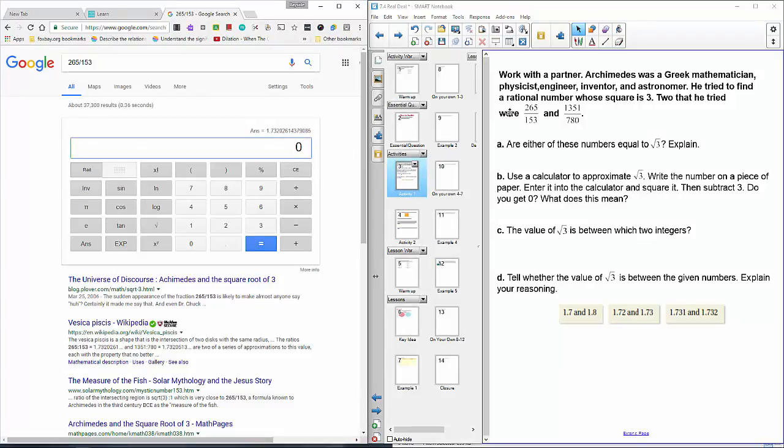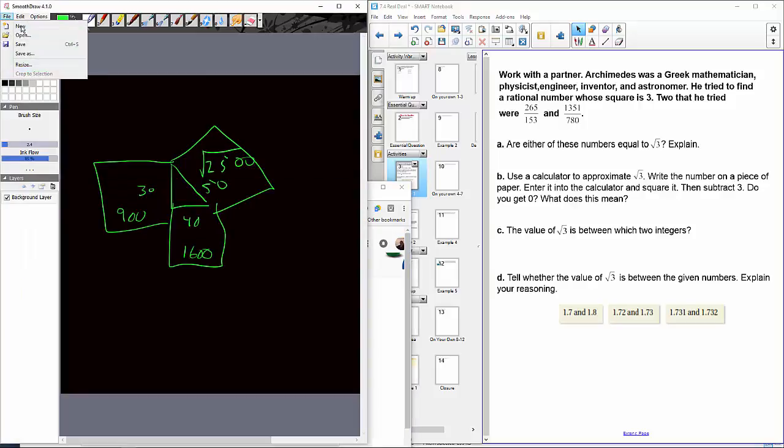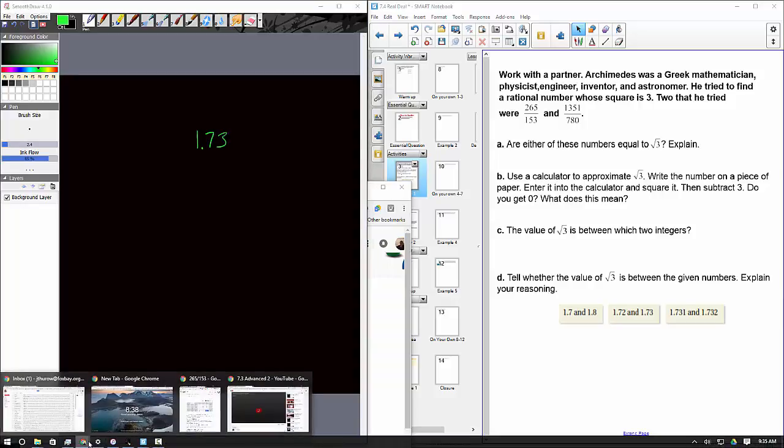All right, so let's take 265 divided by 153. And I get this number here, 1.73. Just write that down so I remember it. So I'll put down 1.73. Let's keep going. I think there's a little bit more to that, actually.